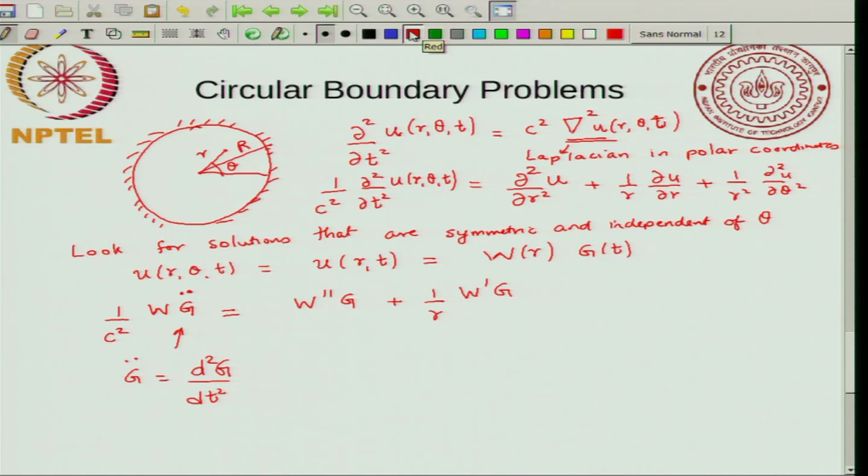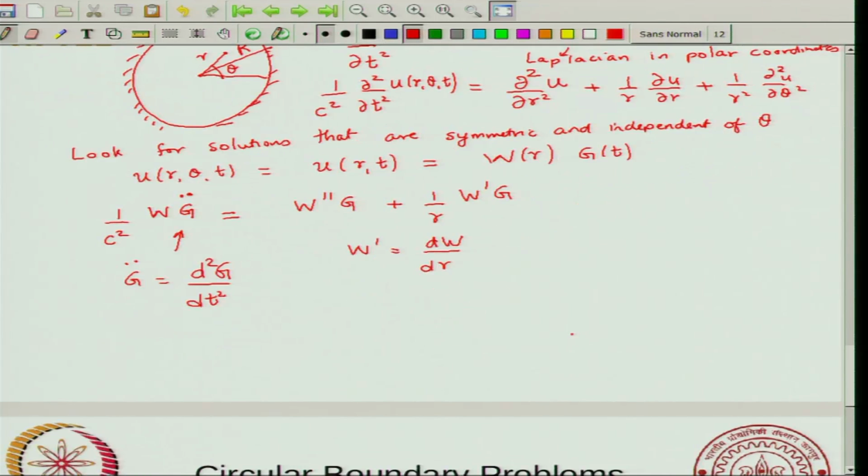Where w prime equals dw by dr, and similarly for w double prime. Now divide this equation by wg, and you can write this as 1 by c square g double dot by g is equal to w double prime plus w prime by r, divided by w.